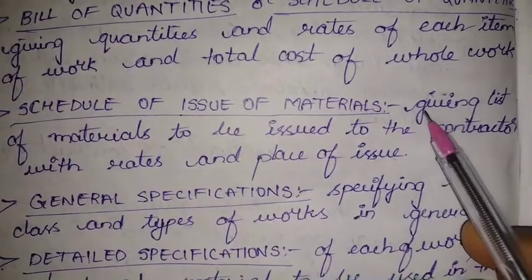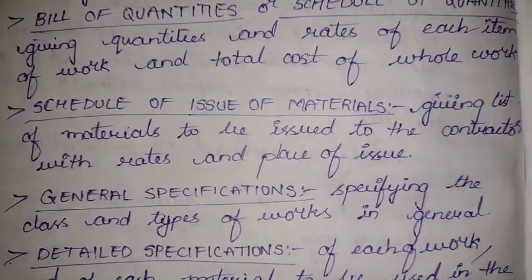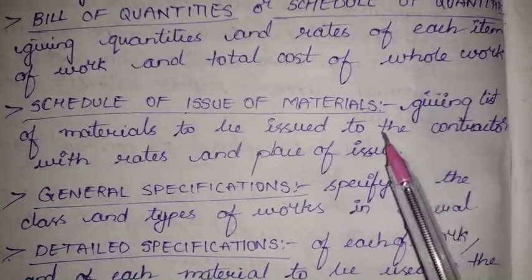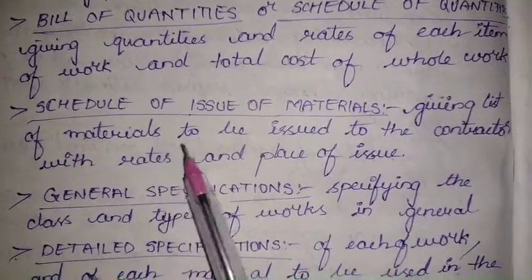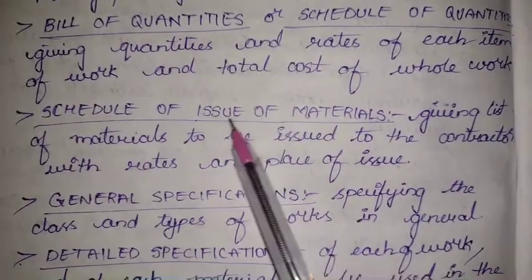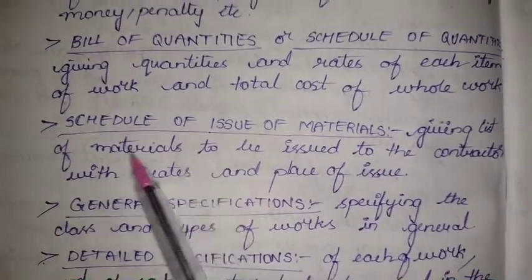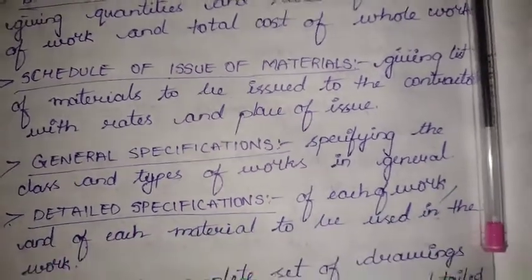The list of materials that the owner or work assignee has promised to provide to the contractor must be mentioned. That is the schedule of issue of materials. It also includes the rates of each item that we have promised to give them.